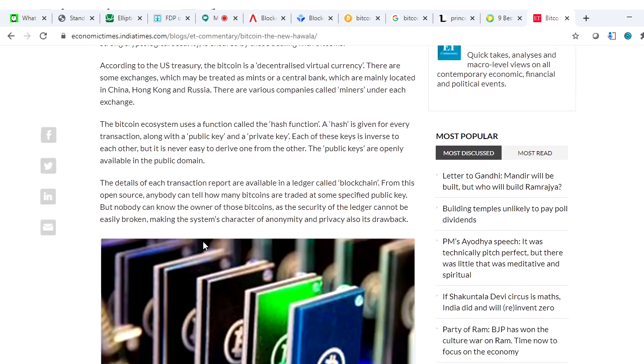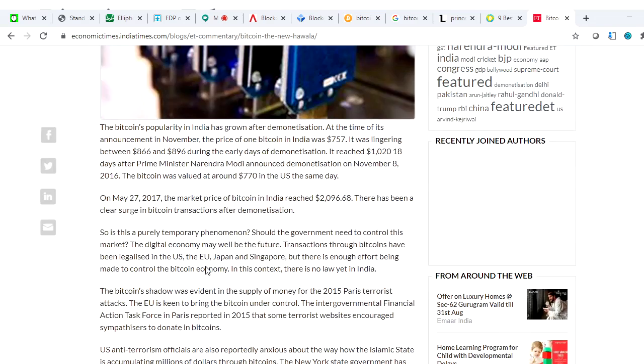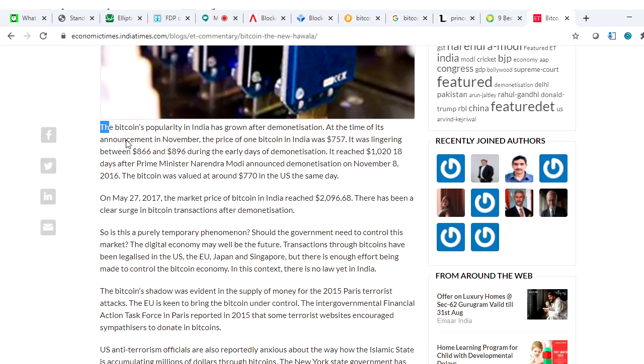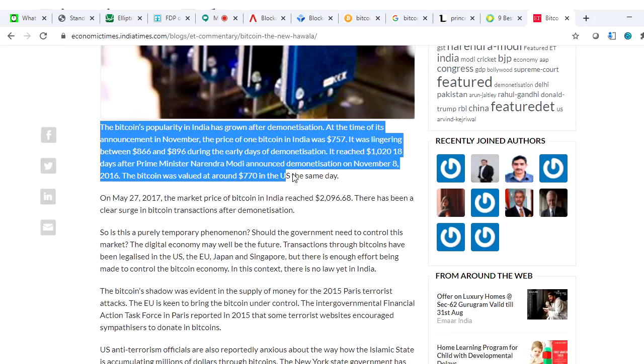They have shown the key observations like this. The Bitcoin's popularity in India has grown after demonetization. At the time of its announcement in November, the price of one Bitcoin in India was around $757. It was lingering between 866 and 896 during the early days of demonetization, that means in the month of November 2016.